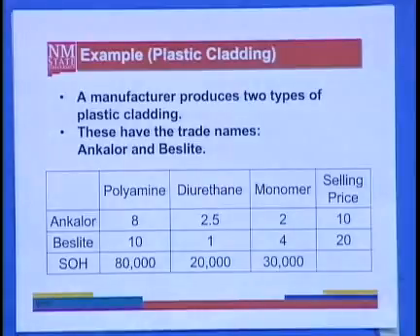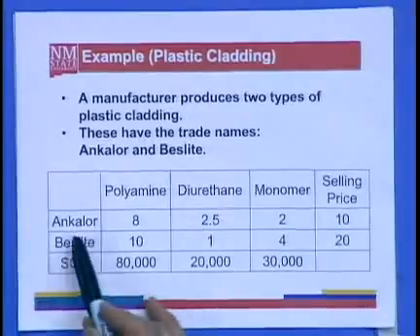Okay, the next example is about a plastic cladding company problem. A manufacturer produces two types of plastic cladding. They have the trade names N-Color and Bestlight.